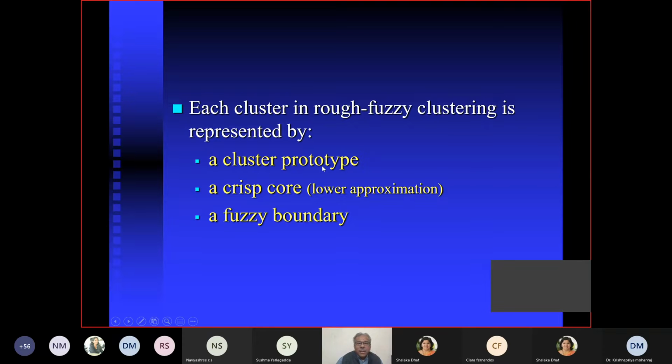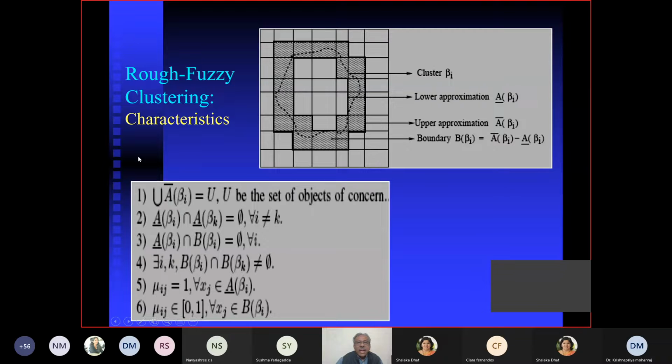In case of fuzzy clustering, you get the centroids and the fuzzy boundary, because every pattern has a C-dimensional membership value. But in case of rough fuzzy clustering, I get a cluster prototype, I get a fuzzy boundary, and I get a crisp lower approximation. Therefore, its characteristics are as follows.